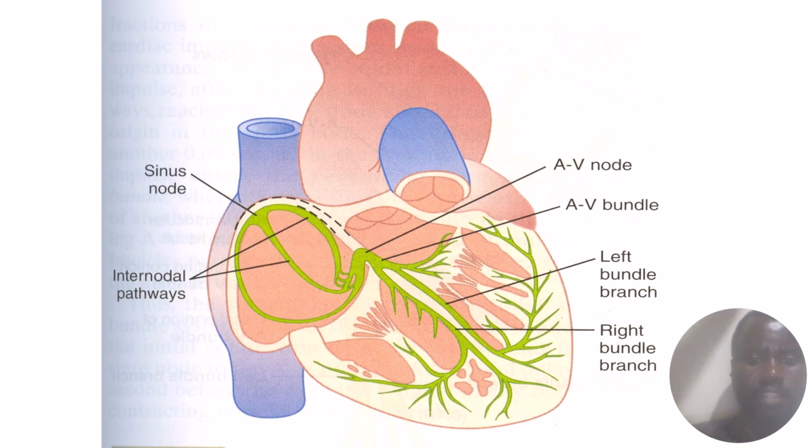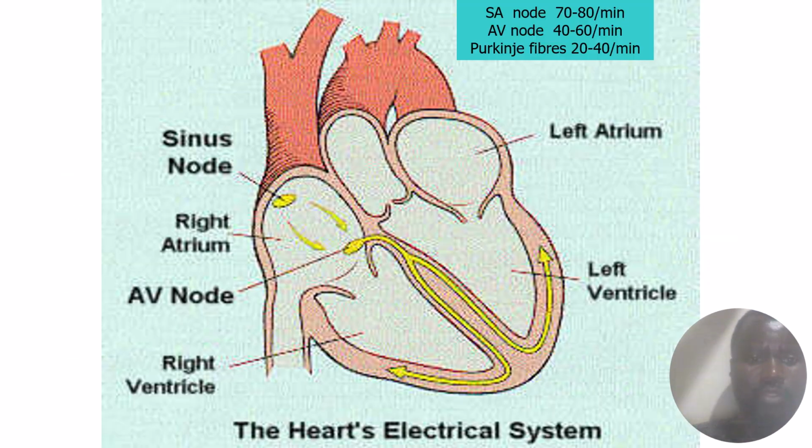We've talked about the conduction system. In terms of rate, the SA node discharges electrical impulses at 70 to 80 beats per minute, the AV node at 40 to 60, and the Purkinje fibers at 20 to 40.